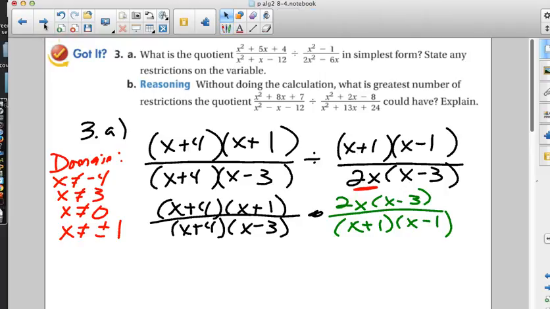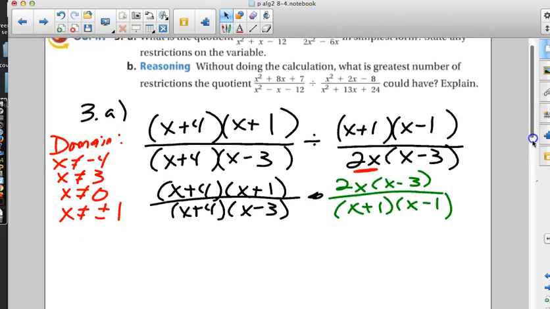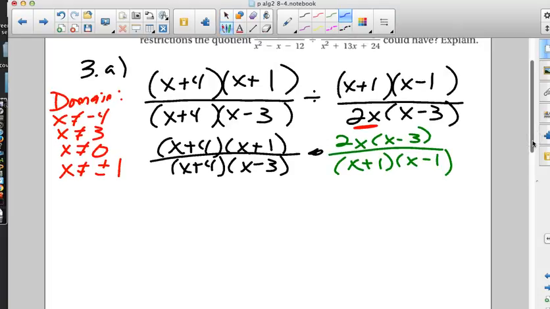Then what? Cancel. Oh yeah. Lots of that. What's left? 2x on the top, that's it. Bottom. That's it. Any new restrictions on the domain? We did our job right. Done.